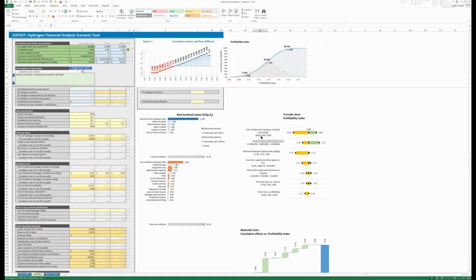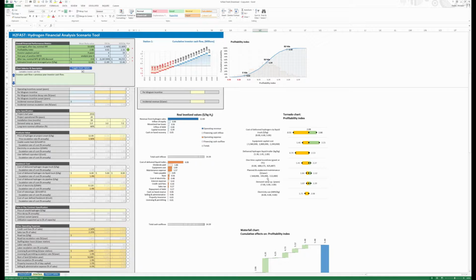If you have $8 delivered cost of hydrogen, your profitability index drops to 0.53. If it's $6, which is the nominal case, you're at 2.08 profitability index, and at the highest level, at $5, you have the highest profitability index.